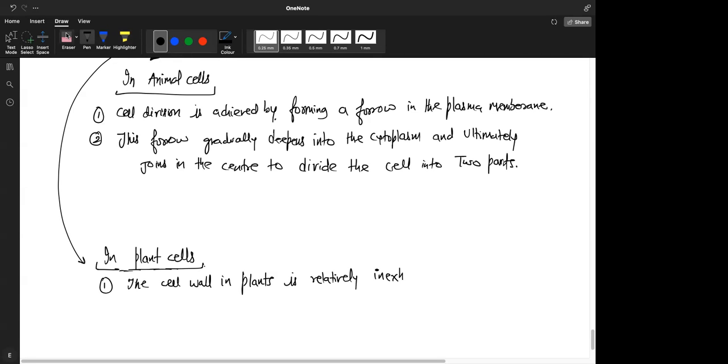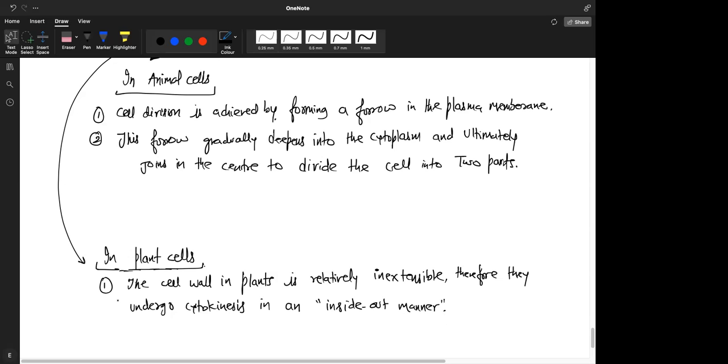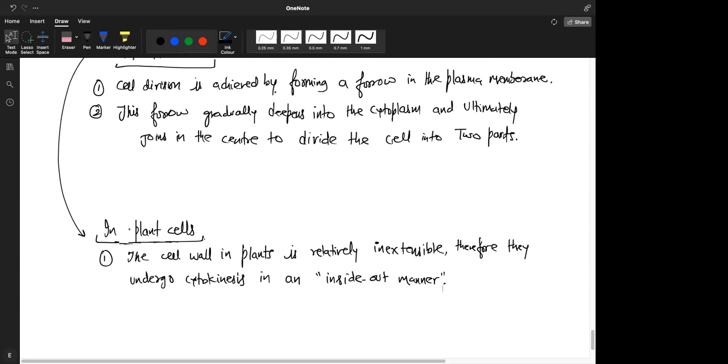Therefore, they undergo cytokinesis in an inside-out manner. In animals, it is an outside-in manner.